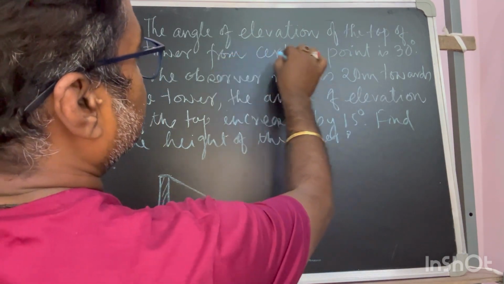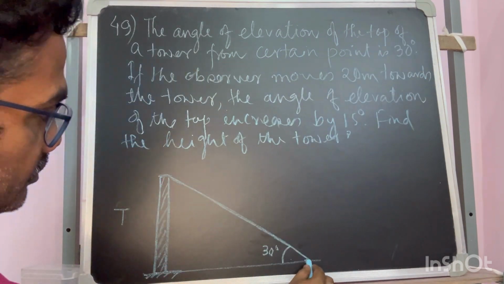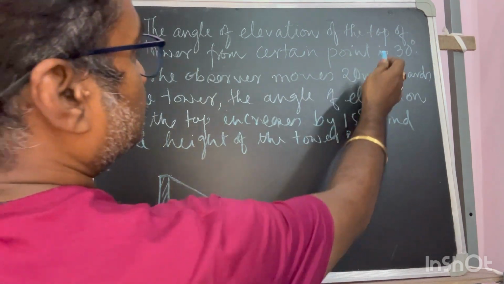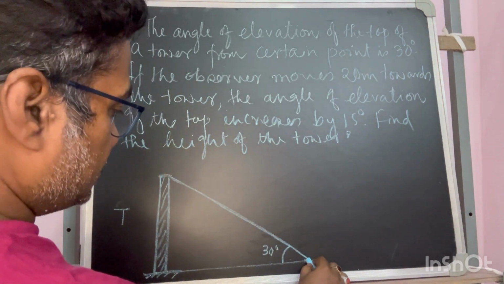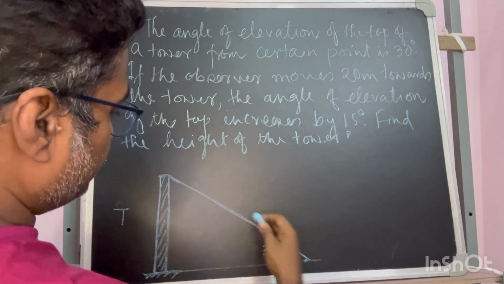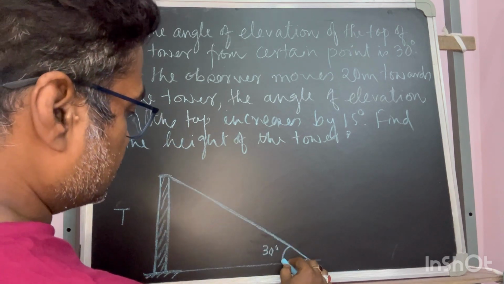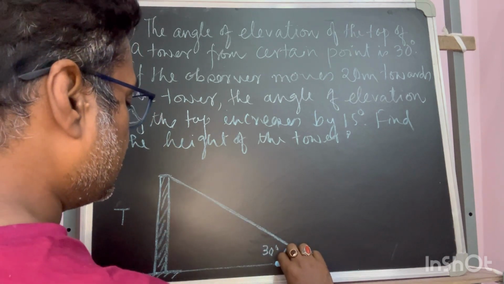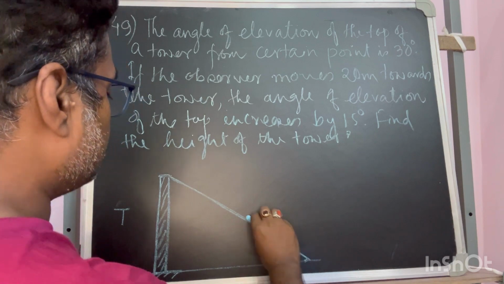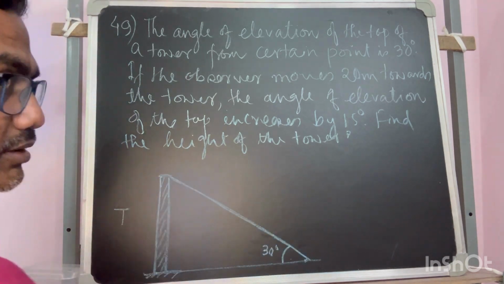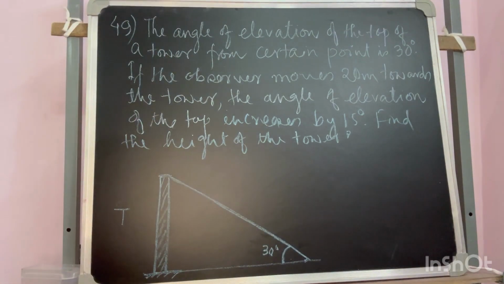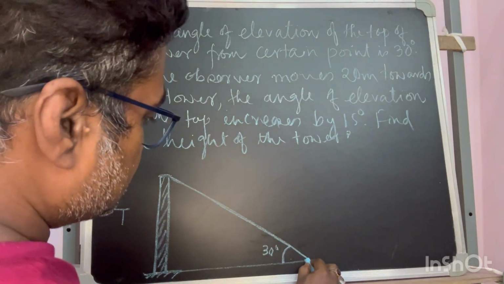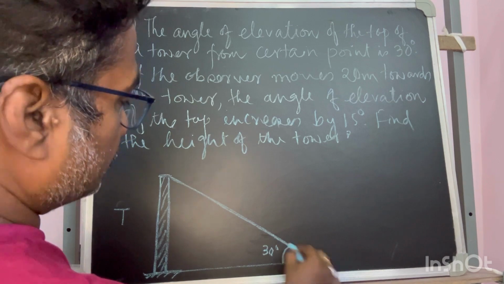It says from a certain point it is 30 degree. So that angle must be with the ground, because the observer is looking up. When he is looking up, he moves his eye from the ground to a certain point to match the top point. So this angle must be 30 degree, and the observer is supposed to be at a point on the ground.